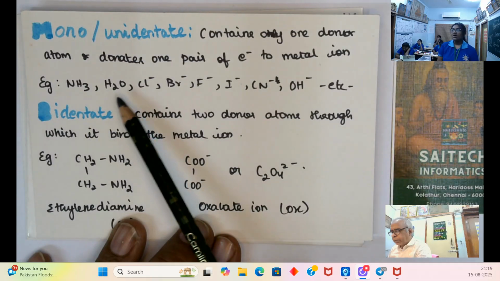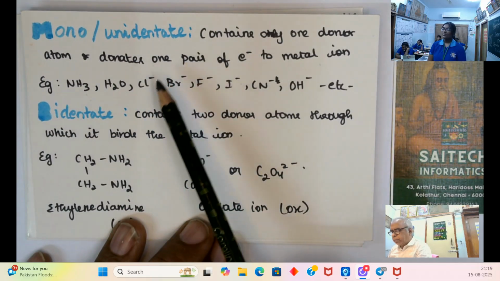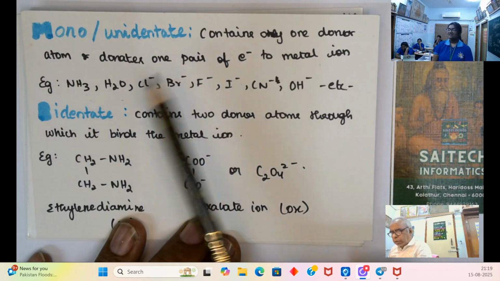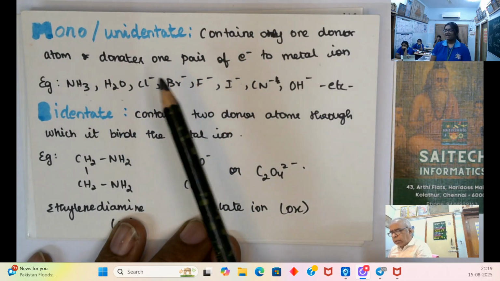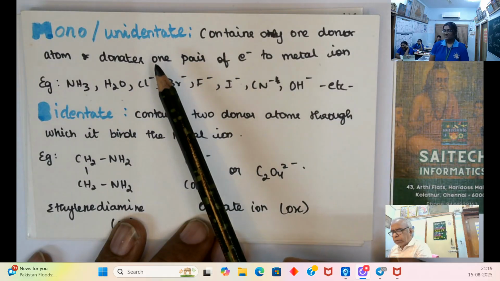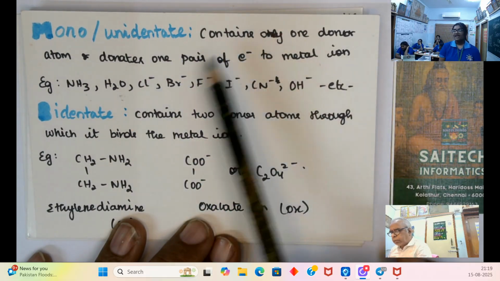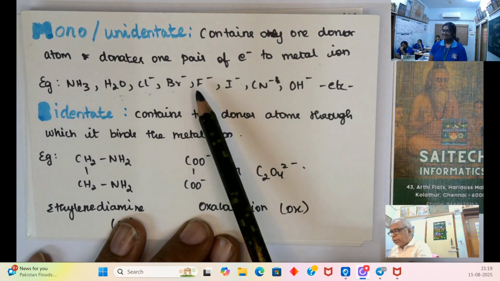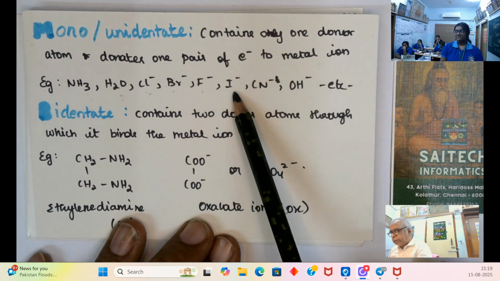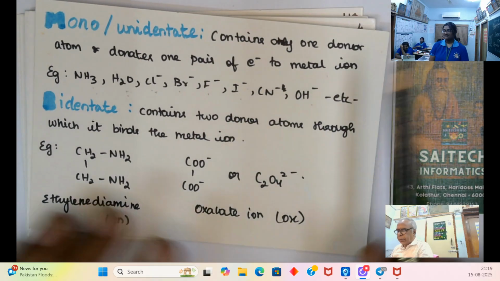Examples are ammonia, not amine, and water, H2O. Not ammonium, because ammonium means NH4 plus. Ammonia is a neutral molecule. Water is also a neutral molecule. And all the halides: chloride, bromide, fluoride, iodide, cyanide, hydroxyl.